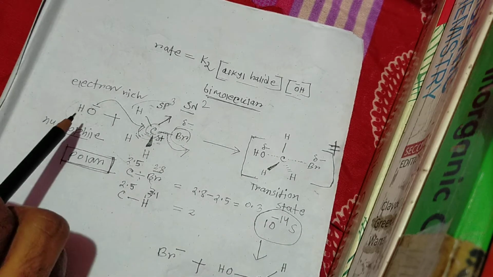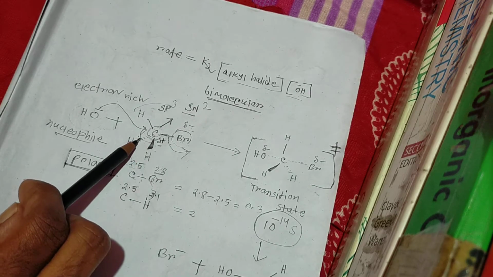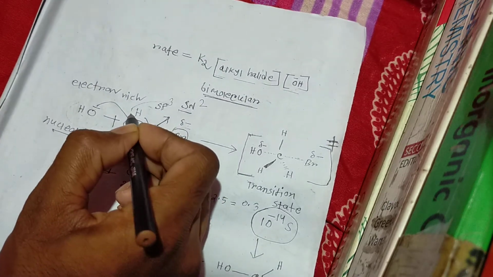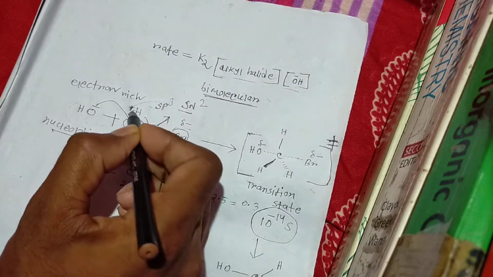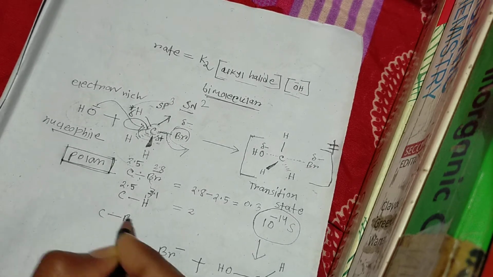So when OH minus attacks the electron deficient center, that is the sigma star. Okay, sigma star. Why is this called sigma star? C-Br is actually a bond.